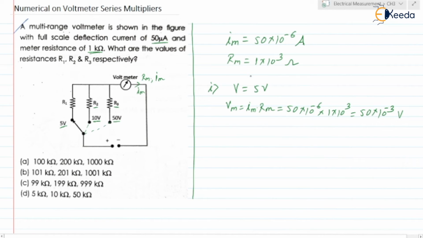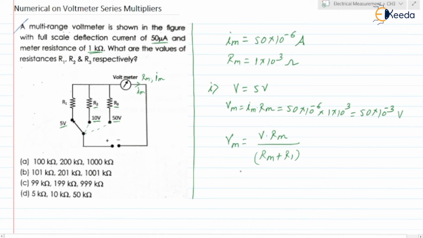Now we can find R1. What is the expression by using the voltage division rule? We can write Vm is equal to V into Rm upon Rm plus R1, because here the series resistor is nothing but R1.